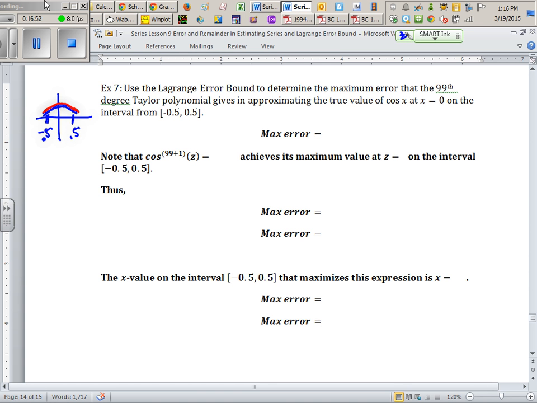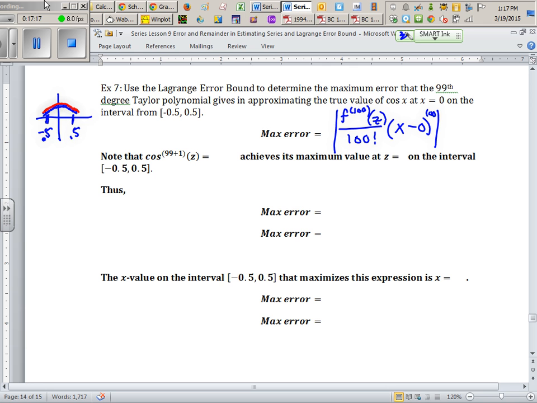We would like to find the largest gap that could exist. Okay, so max error. The maximum error should be the 100th derivative at z over 100 factorial times x minus 0 to the 100th. Why 100?